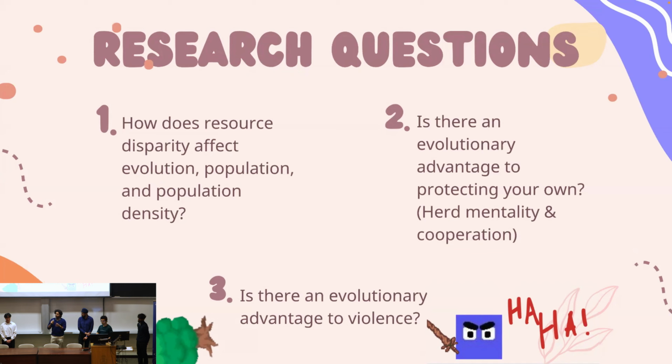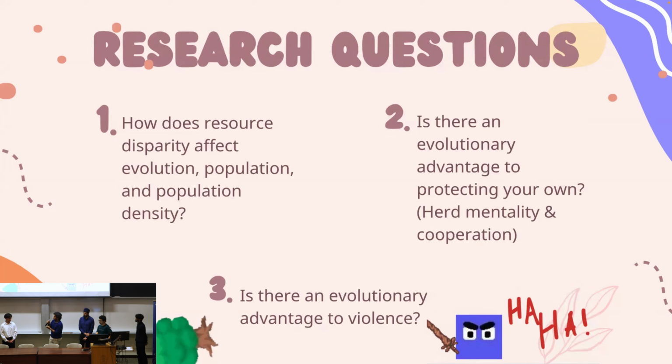Because of the way NEAT works, we can test this out, and we can see why they would form herds. What are the specific conditions under which they start forming herds? And the third one is, is there an evolutionary advantage to violence? So does resource disparity actually cause violence? These are the kinds of questions we want to map out.